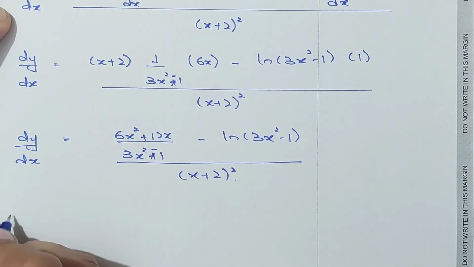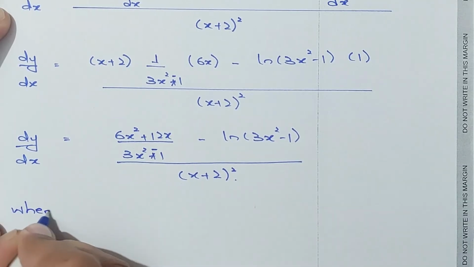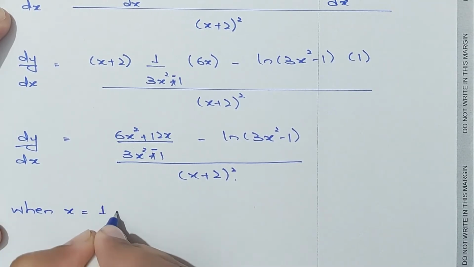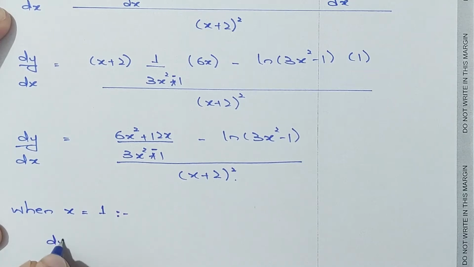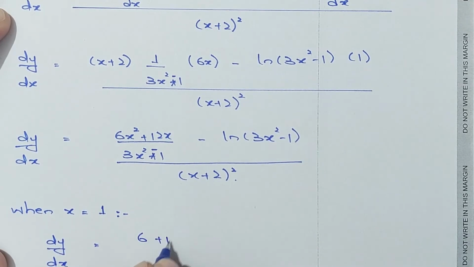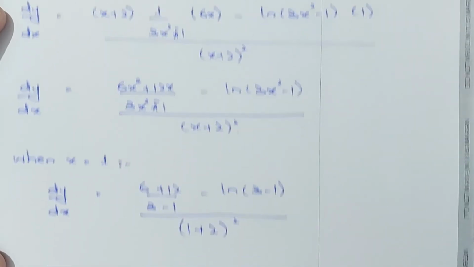Okay, so when x equals 1, what is my dy by dx? Just substitute x equals 1. 6 plus 12 divided by 3 minus 1, minus ln of 3 minus 1, divided by 1 plus 2 whole square.